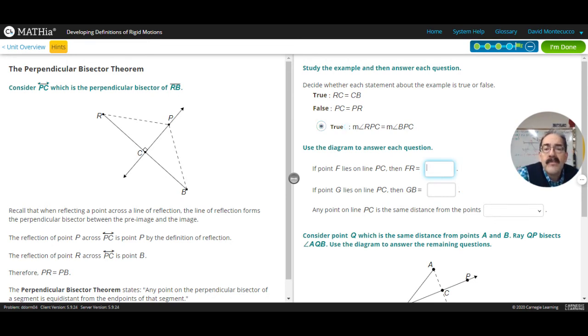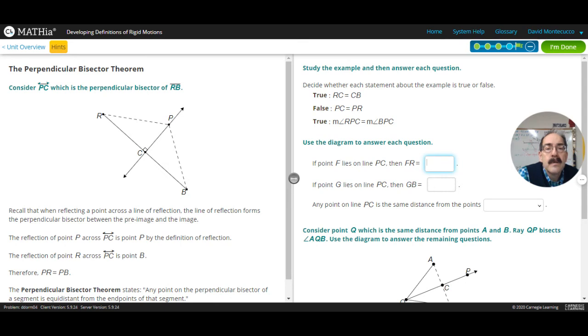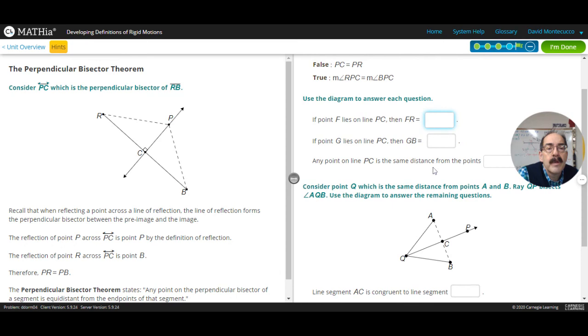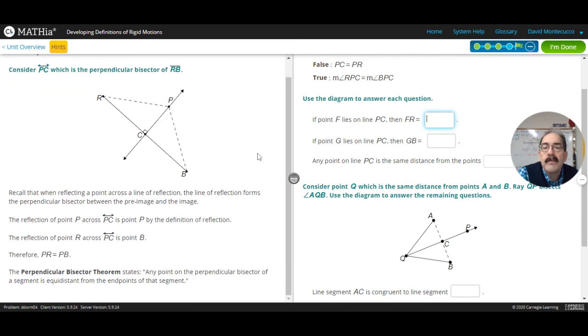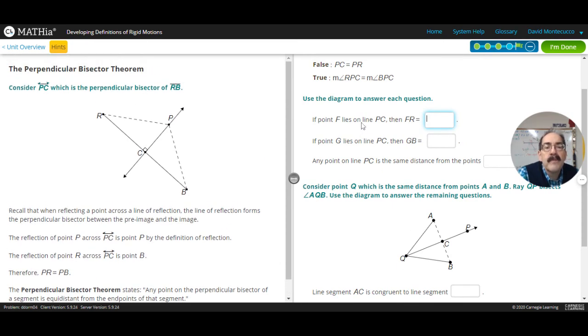If point F, use the diagram, F, where's F? If point F lies on PC, then FR, FB.